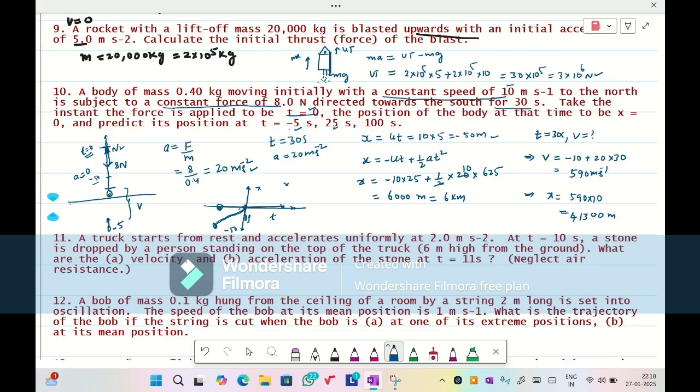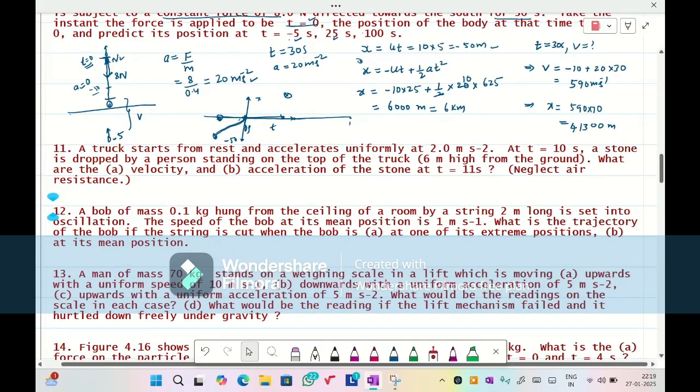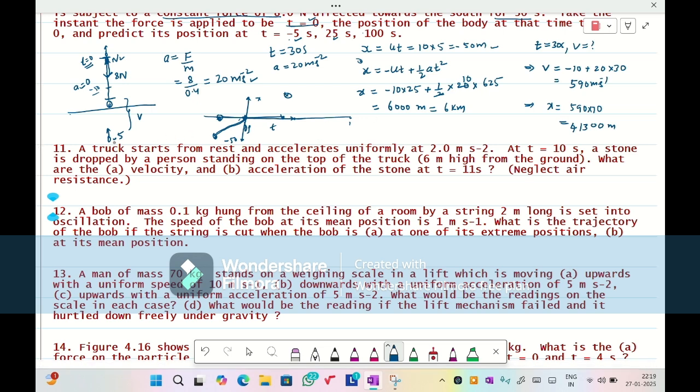So this is 6 kilometers. Then after again it travels 41 kilometers. Time increases 100 seconds, so it will be here somewhere. So like this you can take the graph values. Right. So finally from t equal to 0, 41 300 minus 50 you have to take the total.